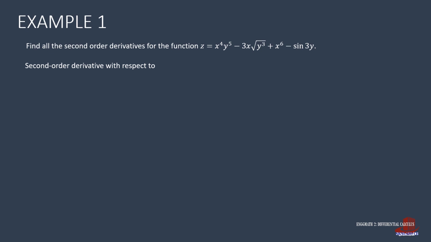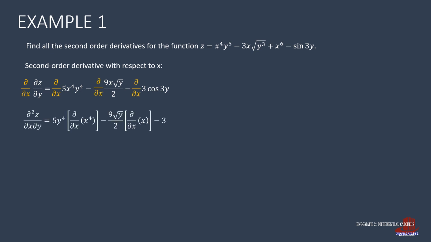Then lastly, take the second partial derivative of the function with respect to x, giving 5y raised to 4 multiplied by the derivative of x raised to 4 minus 9 over 2 root of y times the derivative of x, then subtract 3 cosine of 3y times the derivative of 0. dx over dx is 1, and the last term also becomes 0.